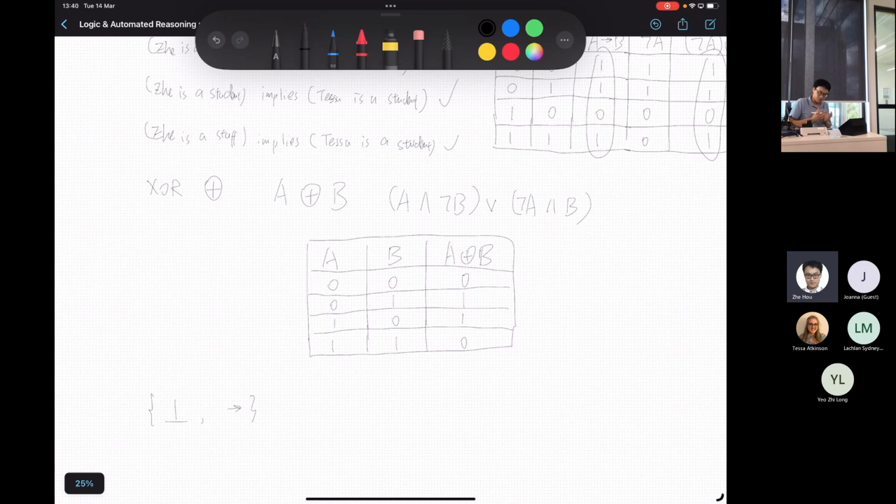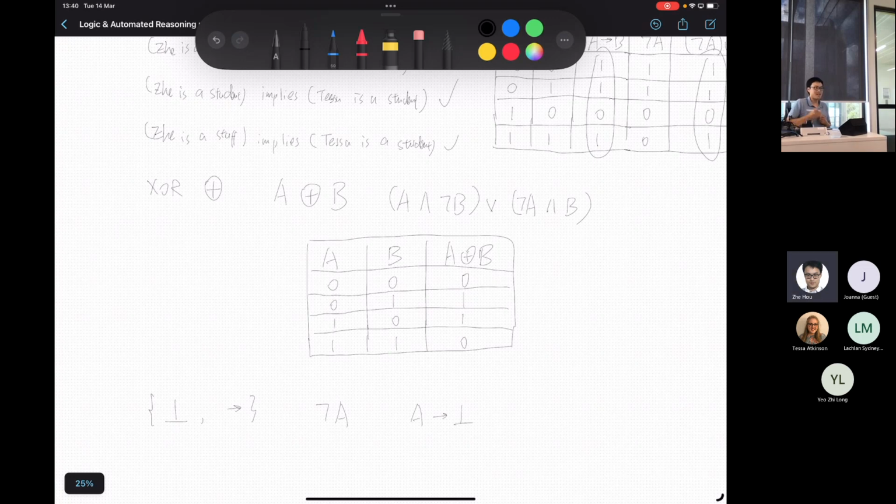So if we only look at false and implication, how do we define, let's say, not? What is not A? If you only have false and implication, not A means simply A implies false.